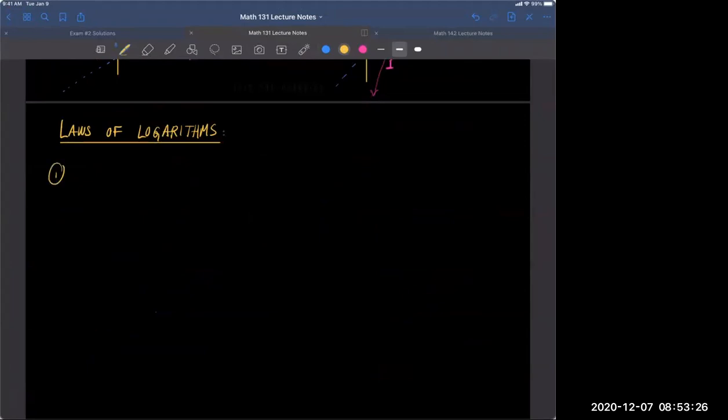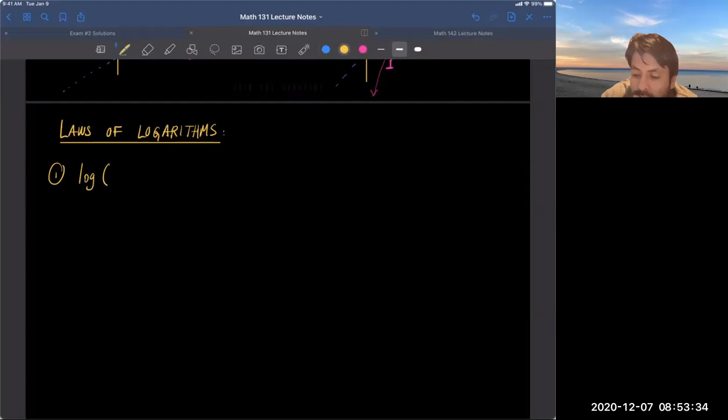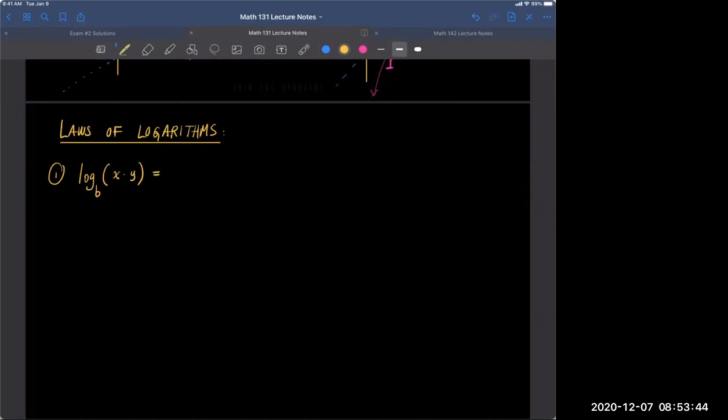If you have two logs with the same base, you can drop the log, something like that. If you have log of a certain base and you have x times y, do you know how to rewrite this? Would you just write it as two separate logs, log base b of x plus log base b of y?